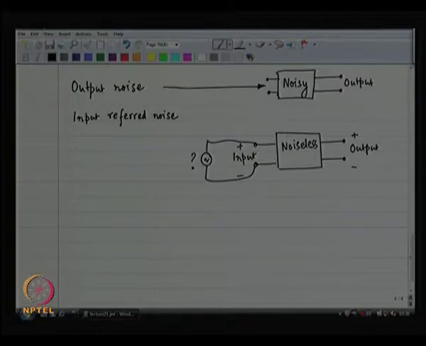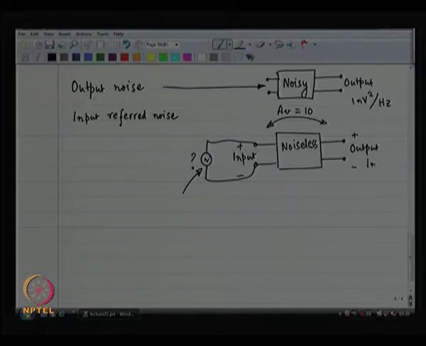If you say that the output noise was so much V out squared per hertz, let us say 1 nanovolt squared per hertz, okay, that was your output noise, and let us say the gain of your system is 10, then what should have been this voltage?